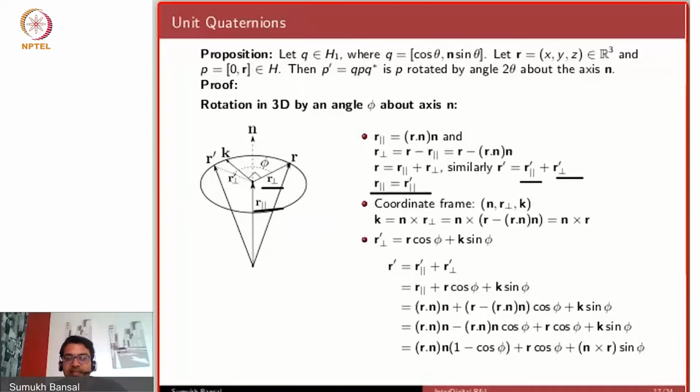For this, let's consider a coordinate frame that consists of vector n, r perpendicular, and k. Now, k is a vector which is orthogonal to both vector n and r perpendicular. One can write k as a cross product between n and r perpendicular. And if we simplify it a bit, we can write it as a cross product between n and vector r.